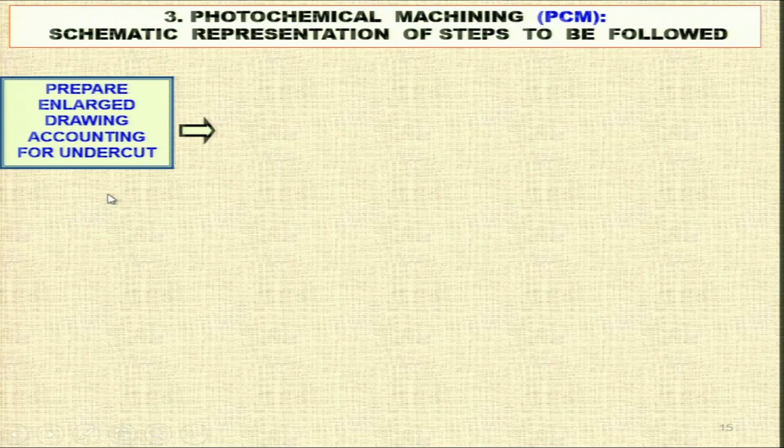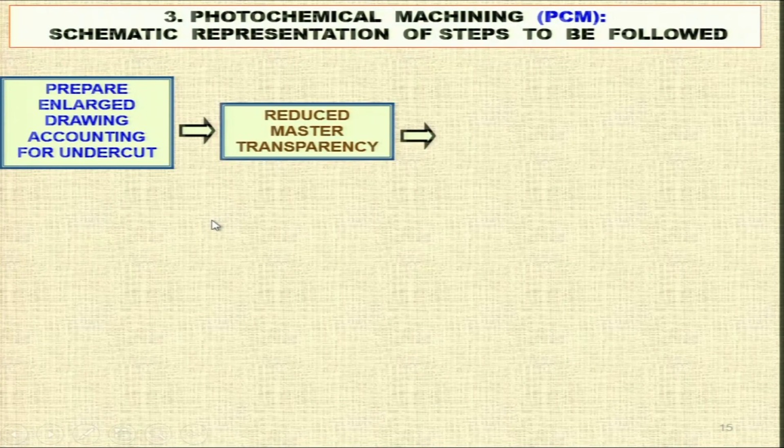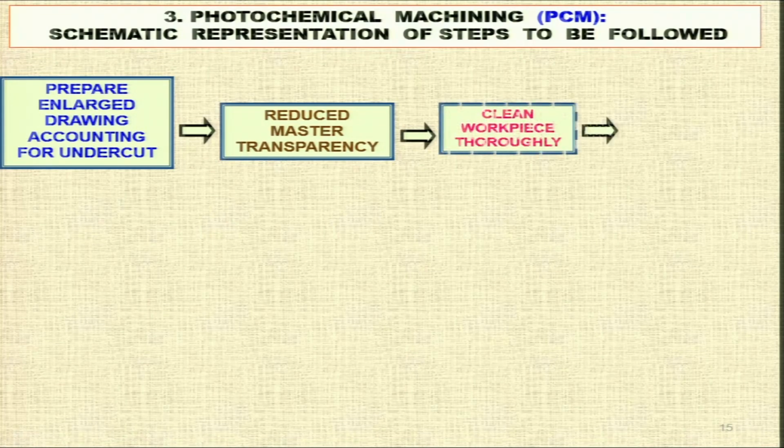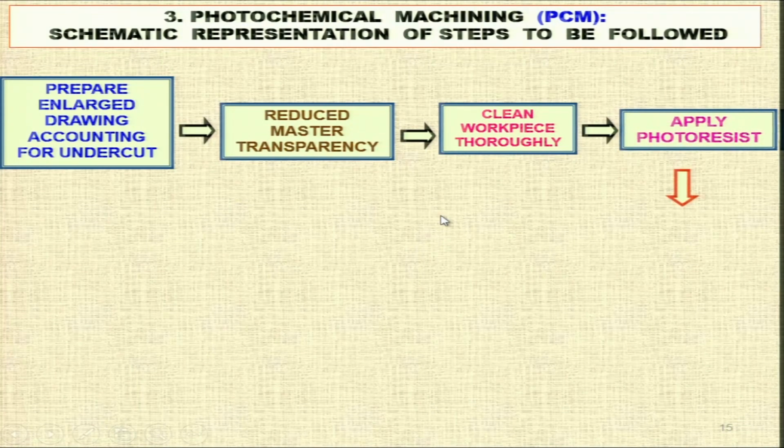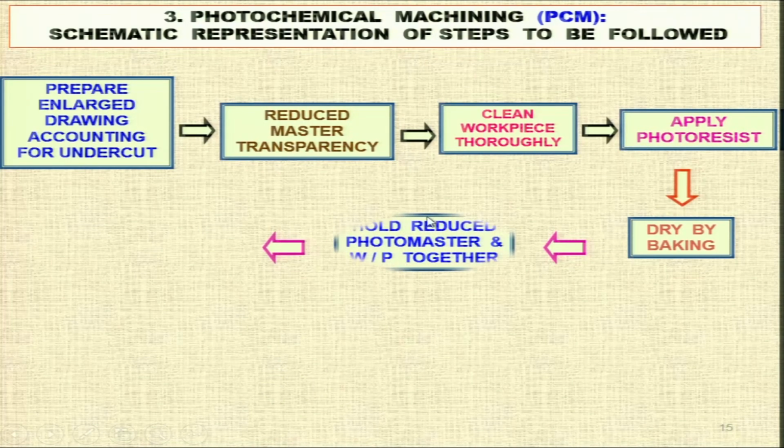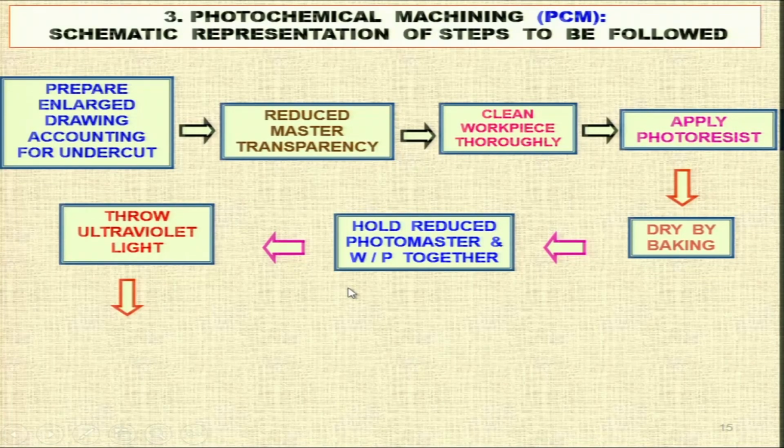Prepare an enlarged drawing accounting for undercut, then reduce this drawing and make a master transparency, clean the workpiece thoroughly, then apply the photoresist, dry by baking, heating, and then hold the reduced photomaster and workpiece together, because the photomaster has to be kept so that the portion from where you want to remove the material is removed and the rest of the portion remains unaffected.